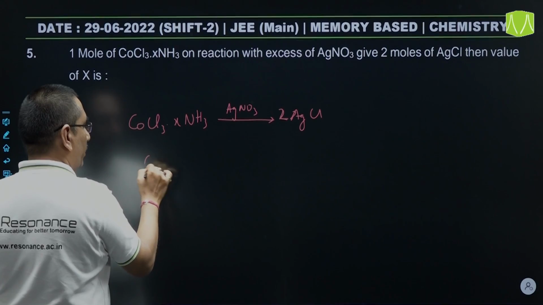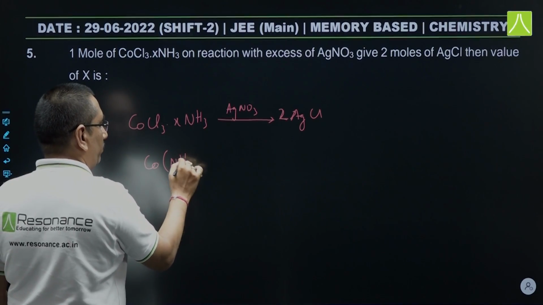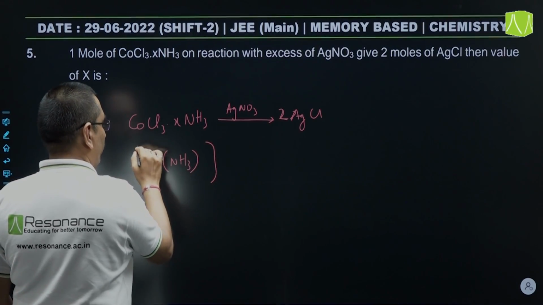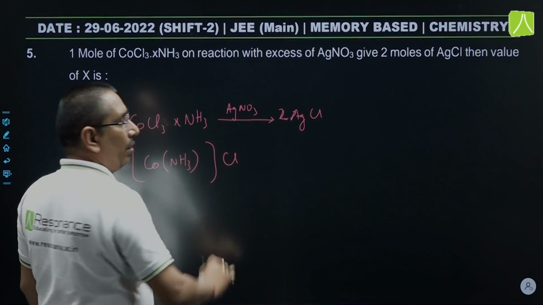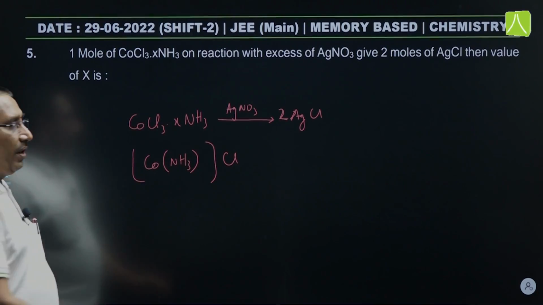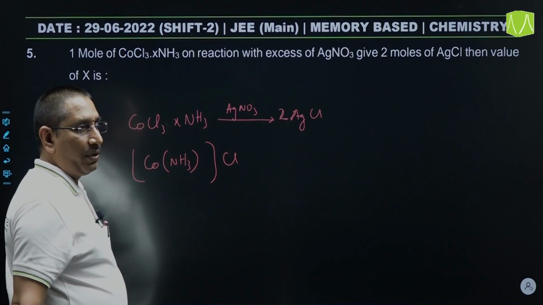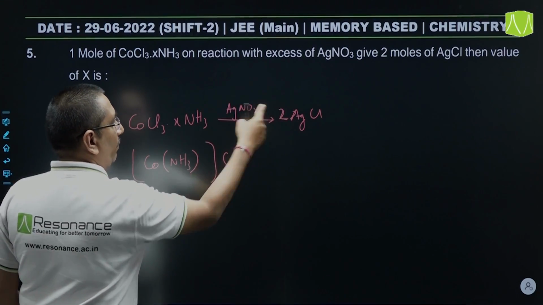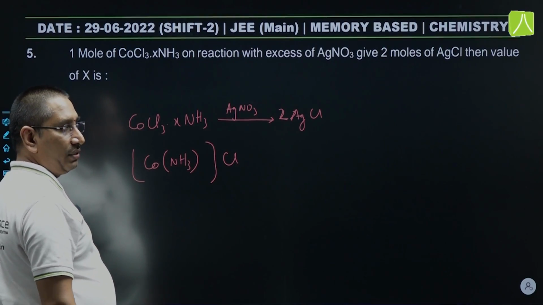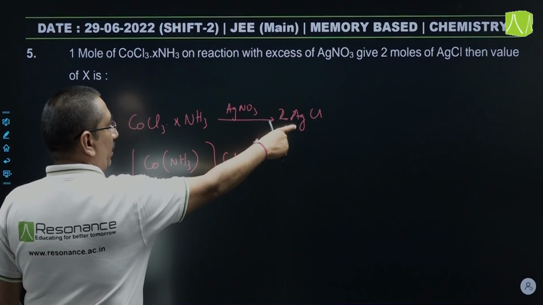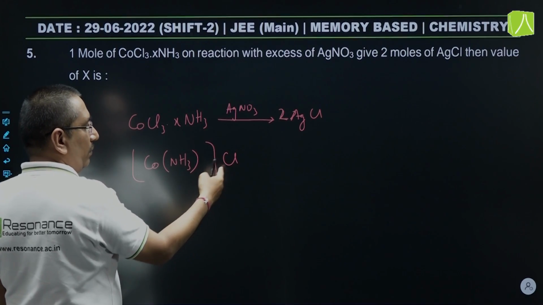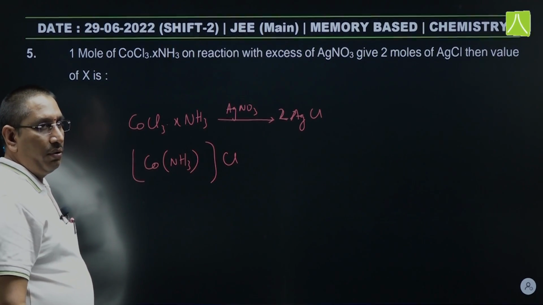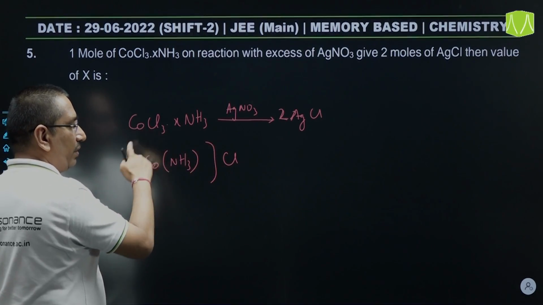Now, in this you can observe, if the chloride ions present outside the coordination sphere are 2 ions, then only we can get 2 moles of AgCl. So, from this information we can know there are 2 chloride ions outside the coordination sphere.